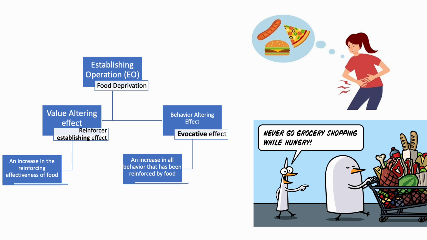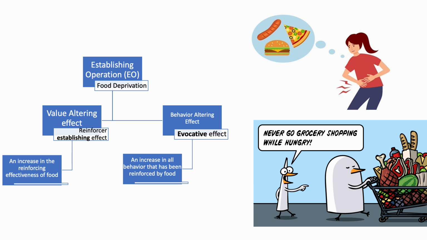Whereas a behavior altering effect means that the establishing operation or the abolishing operation is going to modify, meaning increase or decrease, behavior that we engage in order to gain access to a particular reinforcer.